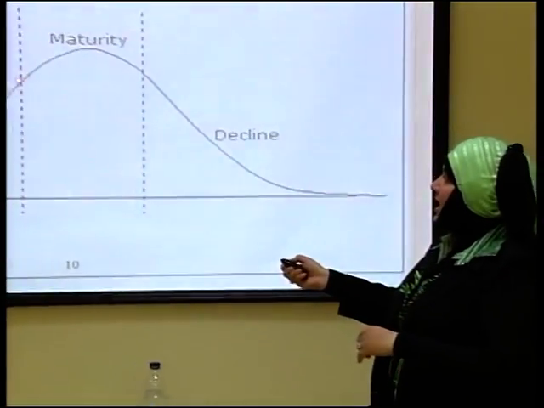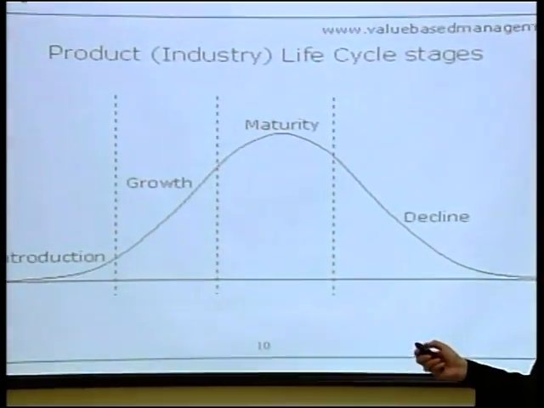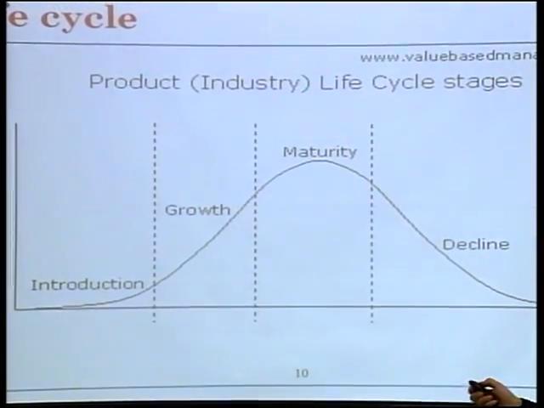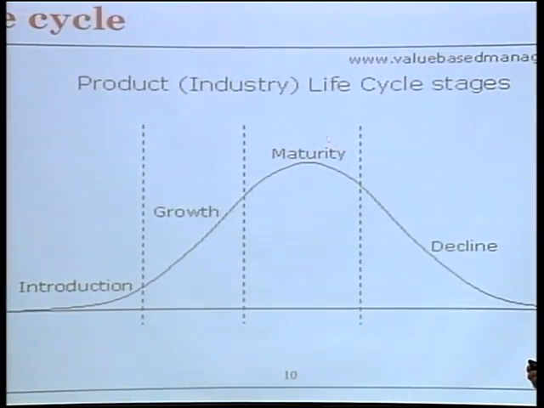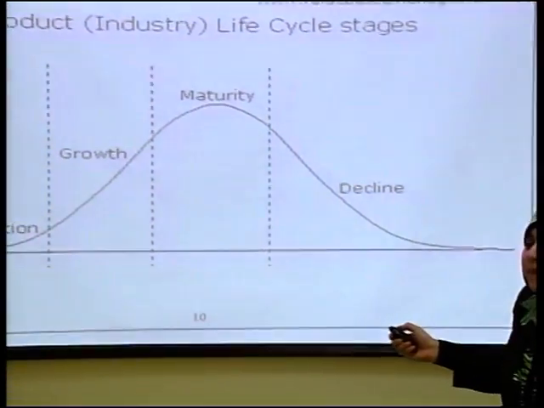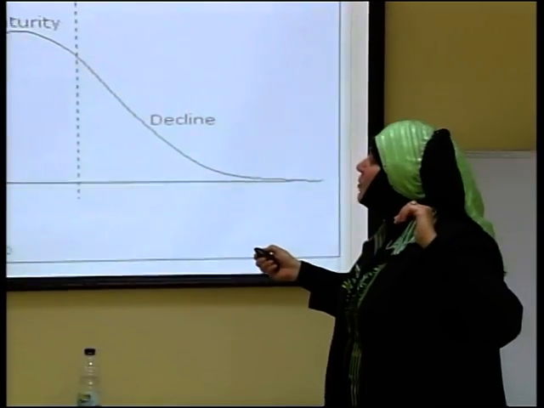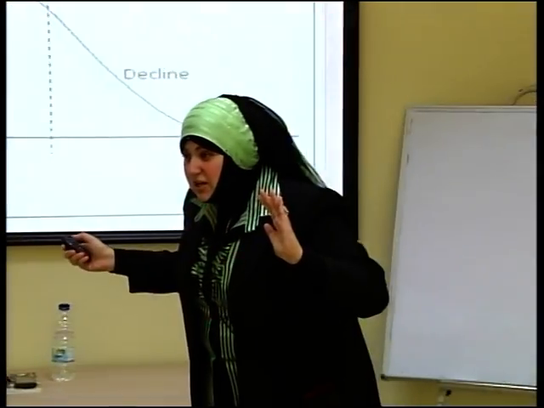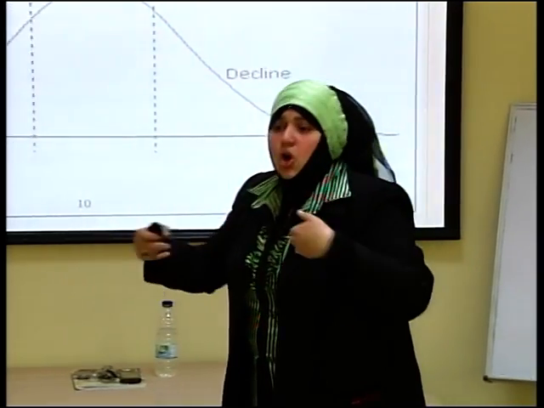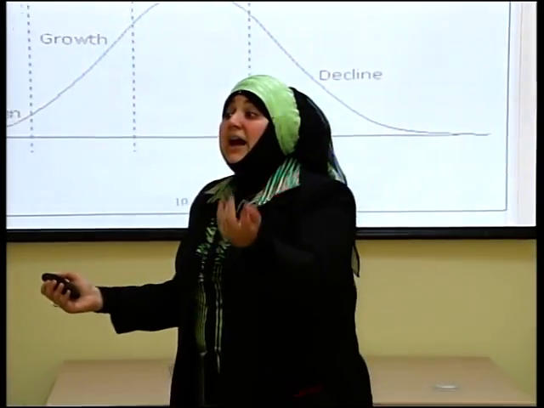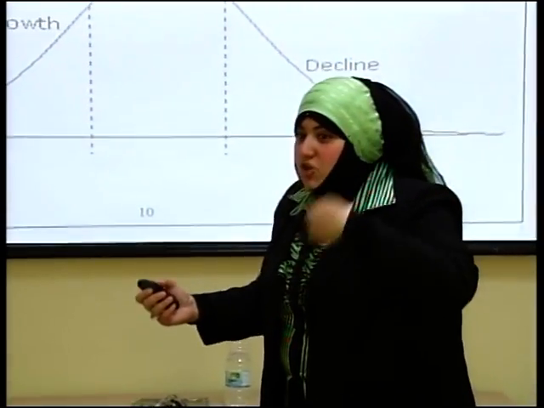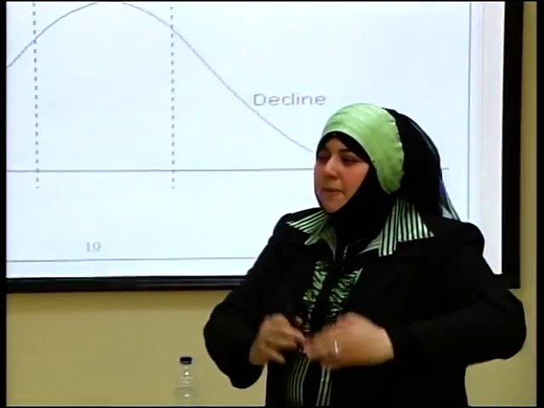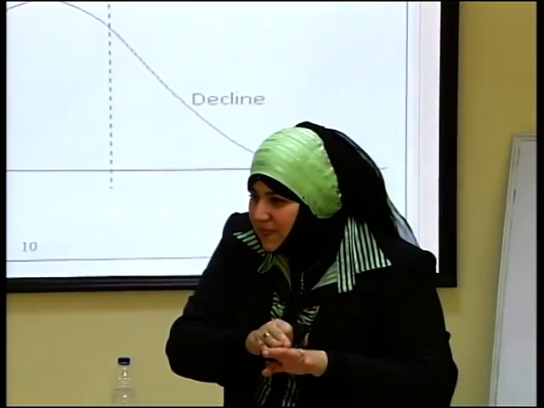Now, most people have purchased the product already, which means that the growth in sales will stop at a specific point in time, which we call the maturity phase. Most people in the market already purchased the product, and at the same time, competitors started to offer similar products to compete with you.